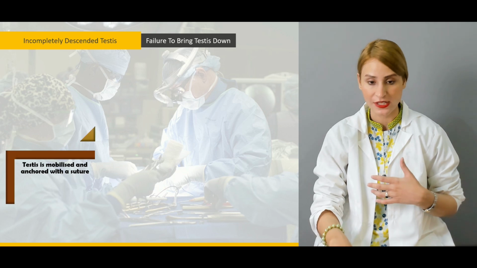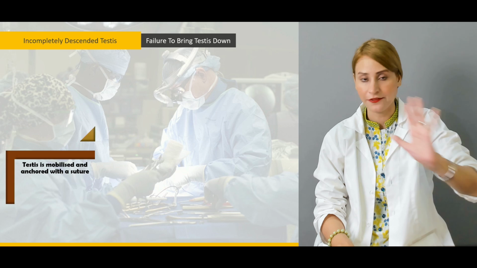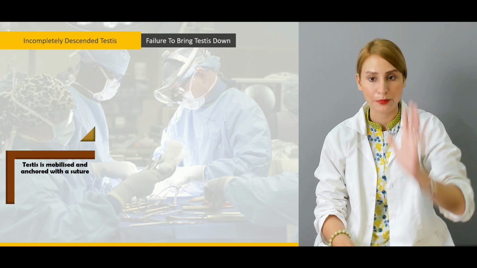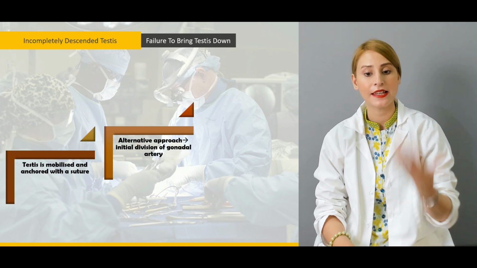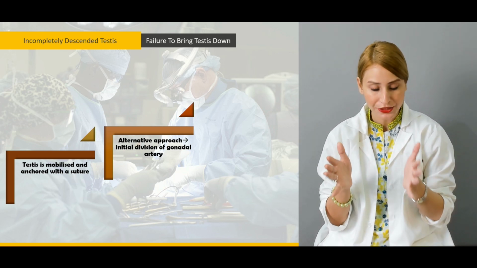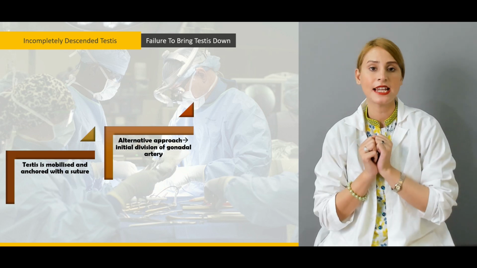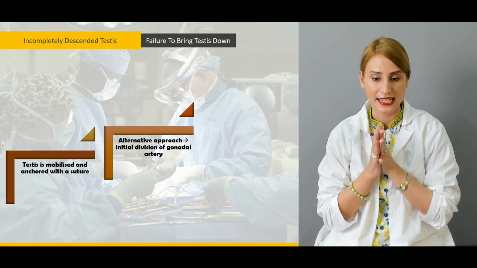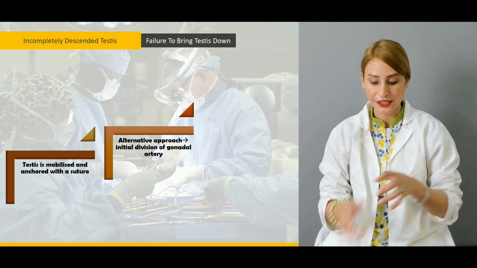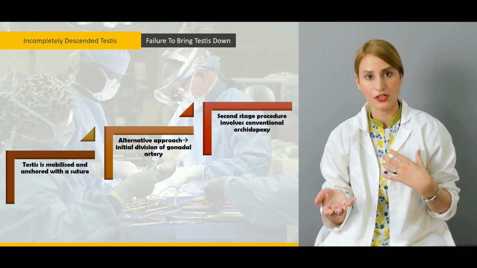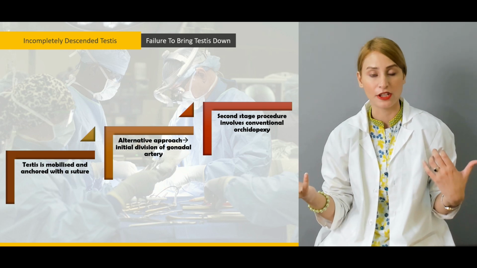After 6 months, you do the second-stage procedure. Another alternative for this orchidopexy is to initially divide the gonadal arteries. When you divide the gonadal arteries, you are helping the testes to be mobilized.